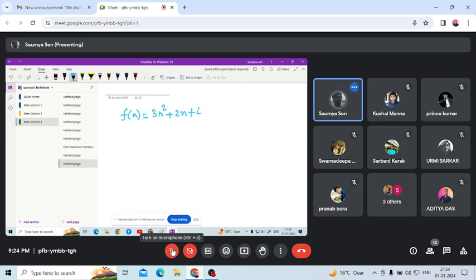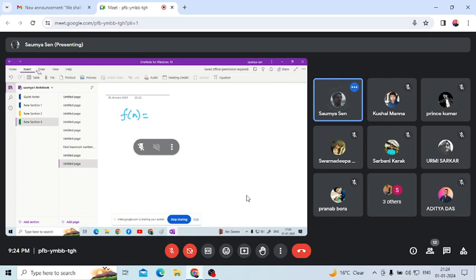But say I give it in a more general form, f of n equals a2 n square plus a1 n plus a0.